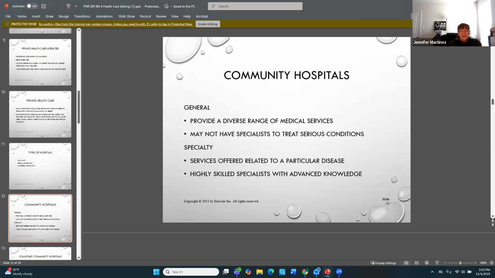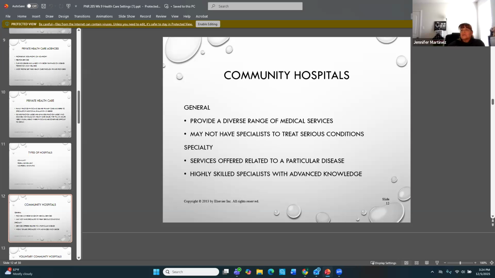Most of our community hospitals are short-term general hospitals that will provide a diverse range of medical services. Generally, we call these acute care hospitals, right?